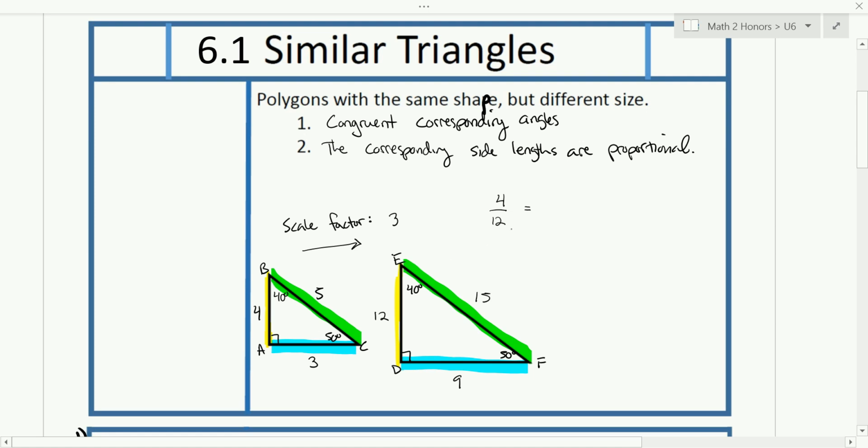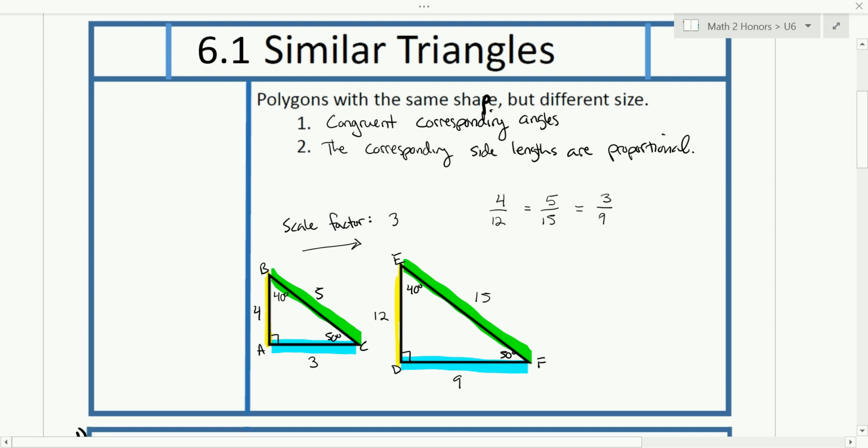If I look at the green, 5 is my smaller triangle, and that corresponds to 15. If I reduce those fractions, I should get the same thing, which is 1/3 and 1/3, right? And it also works with the blue one. 3/9 also reduces to 1/3. So all of these reduce to 1 over the scale factor.